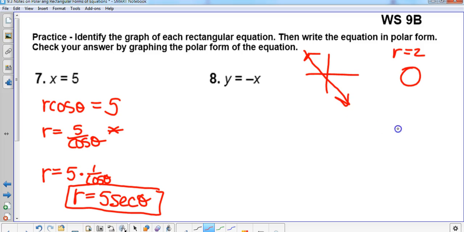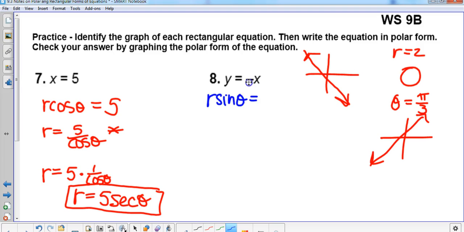Did I not do one at the beginning? I don't remember. If you had theta equals pi over 3, do you remember that was a line at pi over 3 from last week? The week before? Okay, that's kind of what we're going to get to, is something with a theta. Can we graph that on our calculator? No. All right, so y is going to be r sine theta, and this is going to be negative r cosine theta.